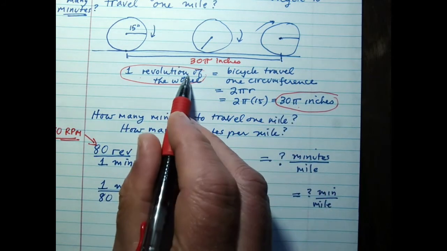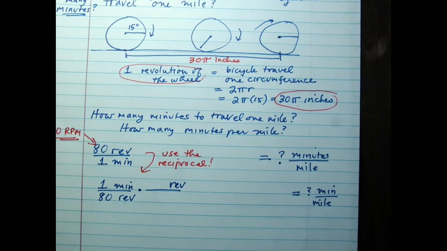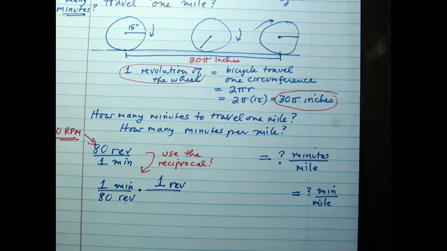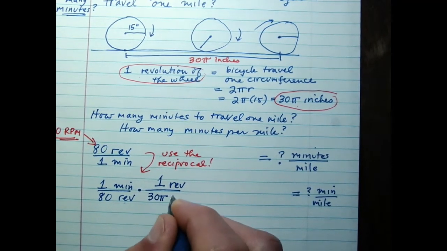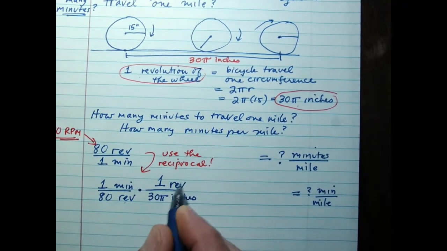This relationship I'm going to put in this fraction: one revolution of the wheel, I travel 30 pi inches. And now the revolutions will cancel out in the multiplication. I'll have minutes per inch.